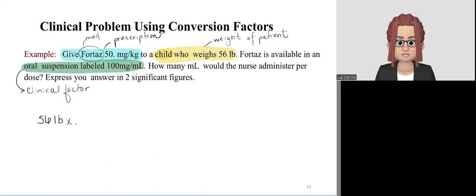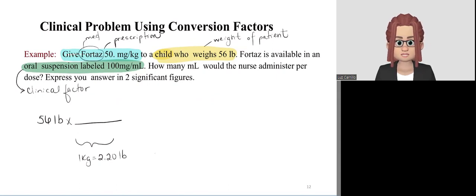And since it's not in kilograms, I'm going to change it to kilograms. In order to change pounds to kilograms, I'm going to utilize a conversion factor from table 2.7 that establishes that 1 kilogram equals 2.20 pounds.